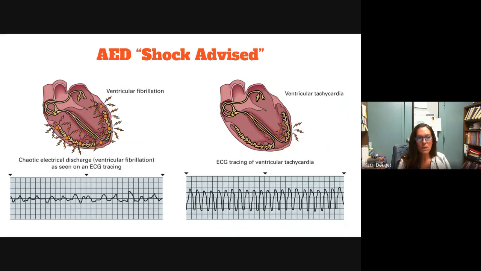Sometimes it's really pronounced, and you'll hear a paramedic say it's coarse fib, and sometimes it's really, really small, and you'll hear us call it fine VFib, okay? Doesn't matter if it's coarse or fine. The electrical system in my heart is just chaotic, so we're going to hit some electricity on it and hopefully kick it back into gear like it's supposed to.